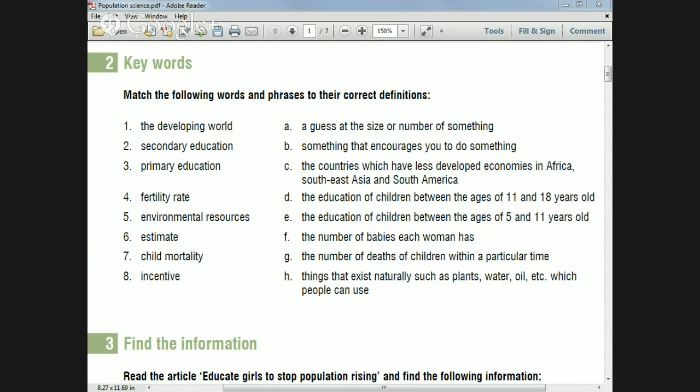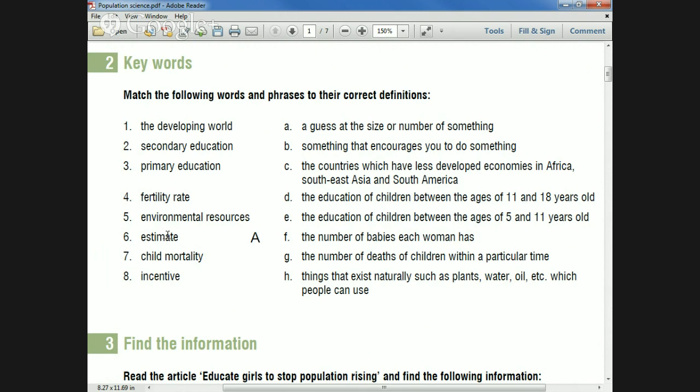Okay, can you repeat, please, the different pronunciation? For the definition, guess at the size or number of something, that is an estimate. But if it's a verb, it's to estimate. The last syllable is actually stressed.